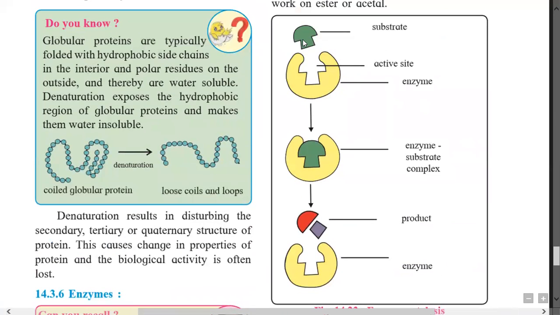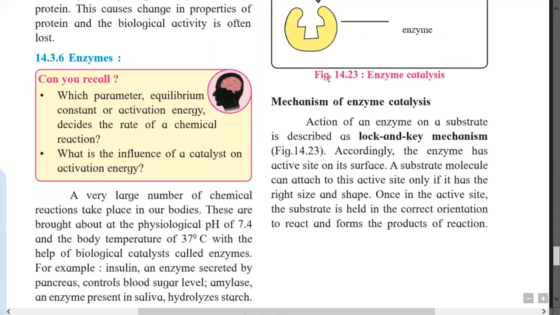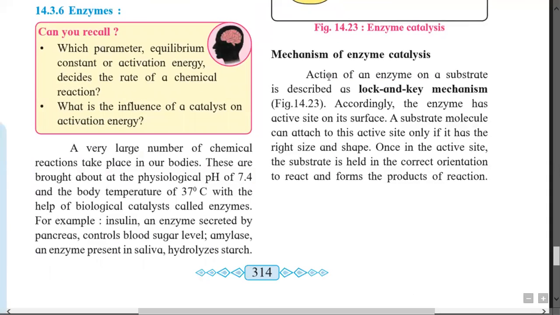Say this green colored molecule is the substrate, and if the active site size and the shape of the substrate match, then and only then this reaction is possible. And therefore, as we studied last time, enzyme catalyzed reactions are very specific.